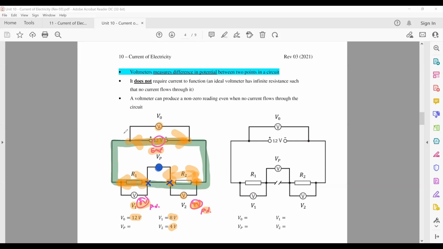Let me just draw the stuff here. This one is a normal circuit that is closed. You have current flowing here. Now, this voltmeter here, the blue one, VP, is connected here and here. So, what do you suppose will be the voltmeter reading?